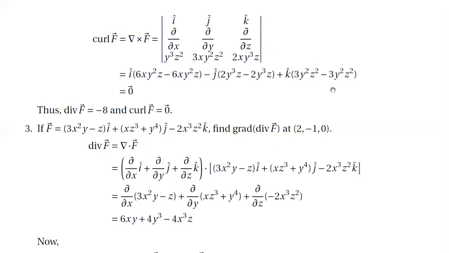These two terms will also cancel. So you get 0k. So what we get here is 0i minus 0j plus 0k, which is the zero vector. So curl of vector f here is equal to the zero vector.